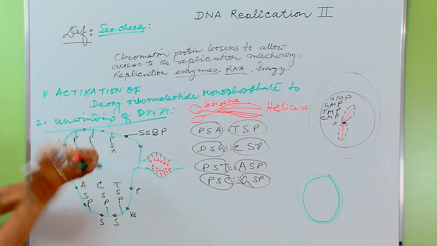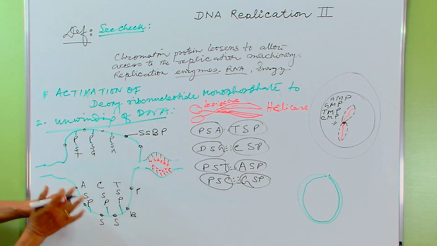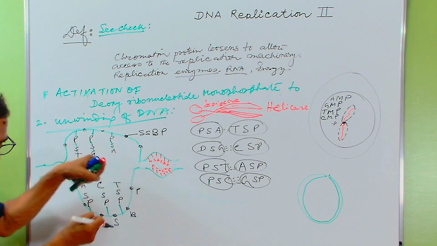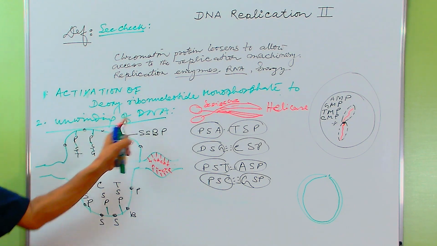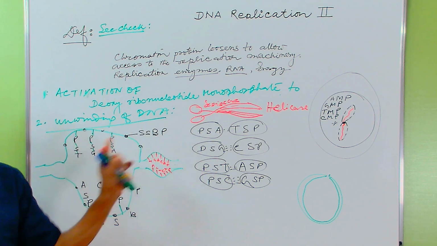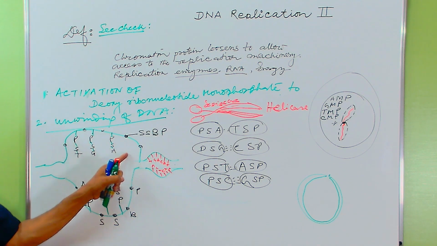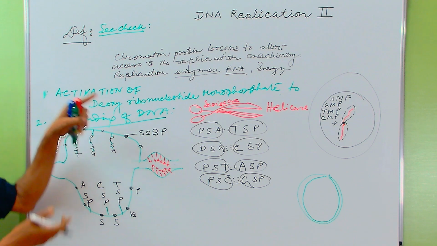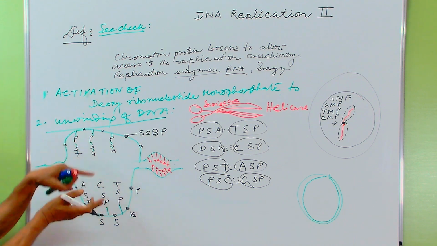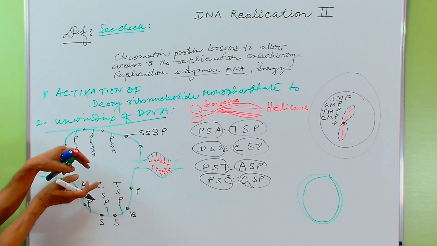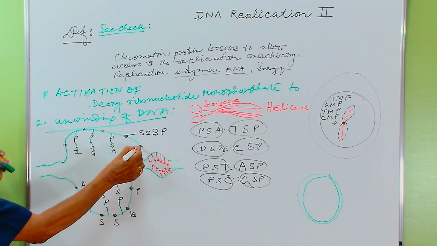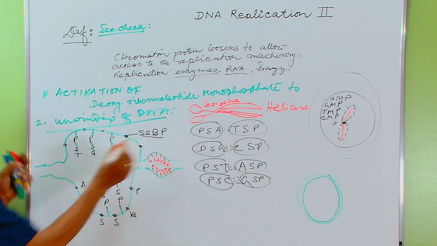Suppose this is a nail, we are fixing it in this way so that the strands cannot come closer. So we have torn it up. We are unzipping or unwinding the strands, and to prevent realigning, so that the two strands don't come together, we have put the single strand binding proteins.